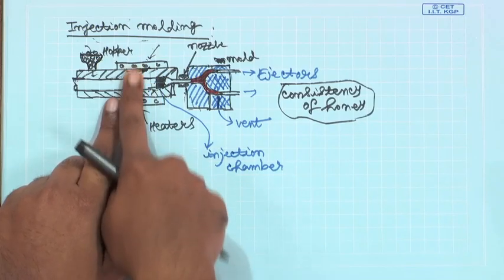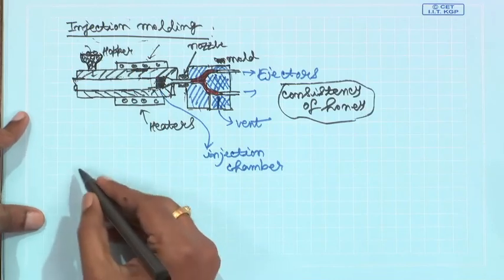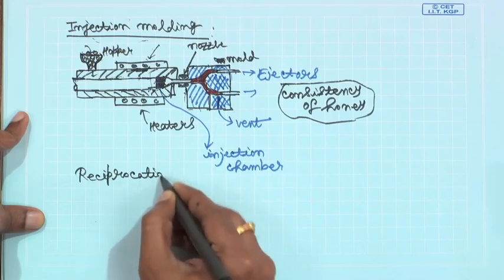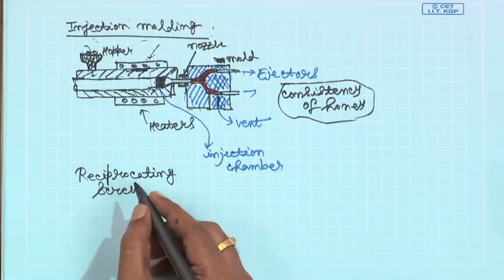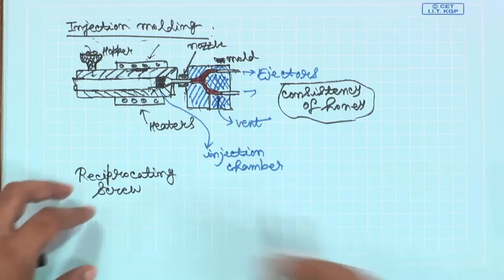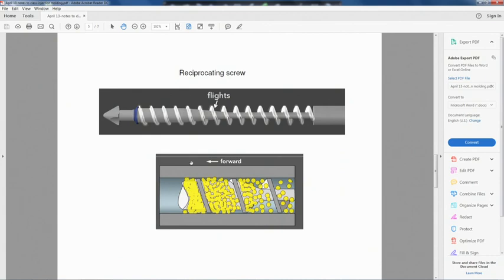So, in order to get rid of this problem, instead of a piston we use a reciprocating screw. That is what we use. If you now look at the slide, the reciprocating screw looks something like this, and this screw has these flights.